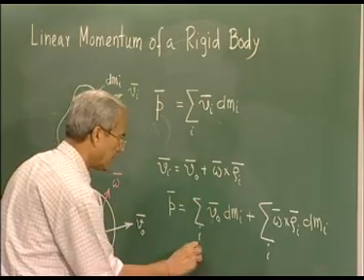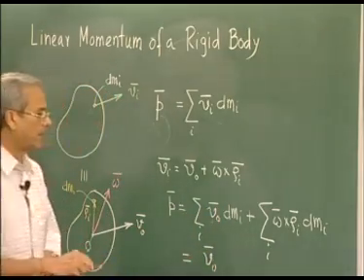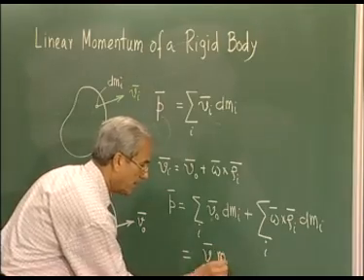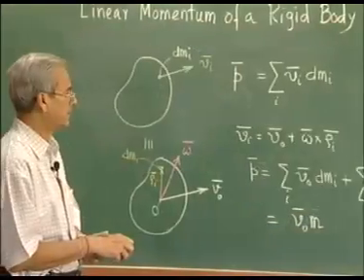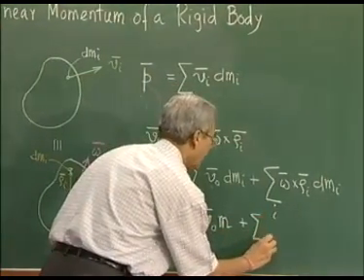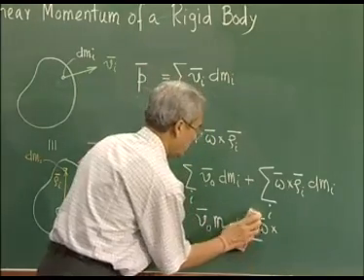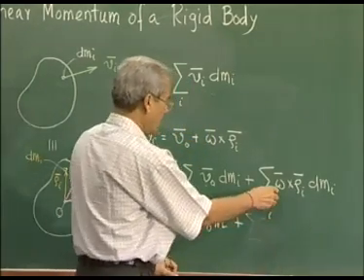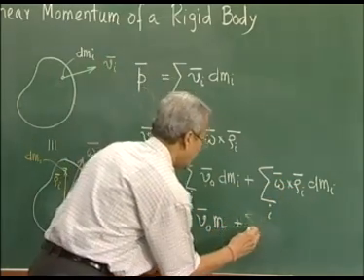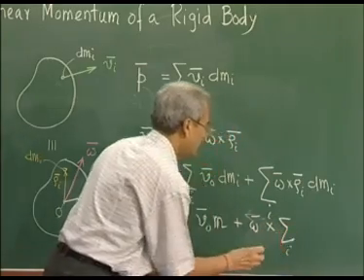So, we can take this vO outside and sum over all the particles their mass, which is nothing but the total mass of the object, plus omega cross. Just a moment, here also we can see omega is constant for all the particles. So, we can take the omega term outside the summation and we get this.